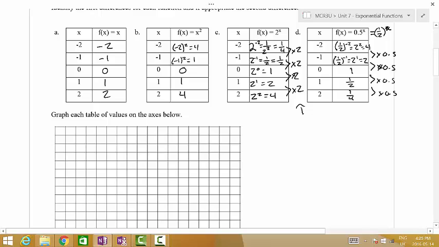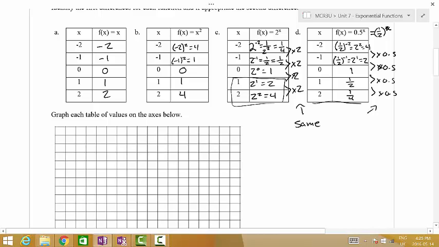So what we say, when we do that division, essentially what we're doing is we're taking the y value and we're dividing it by the y value above it. So here, for example, 4 divided by 2 gives us 2, which means we're multiplying the 2 by 2 to give us 4.